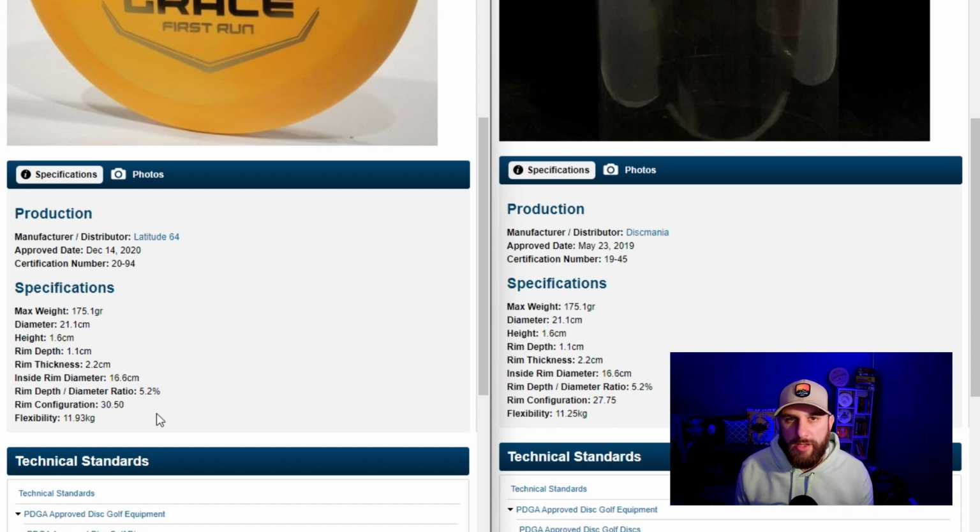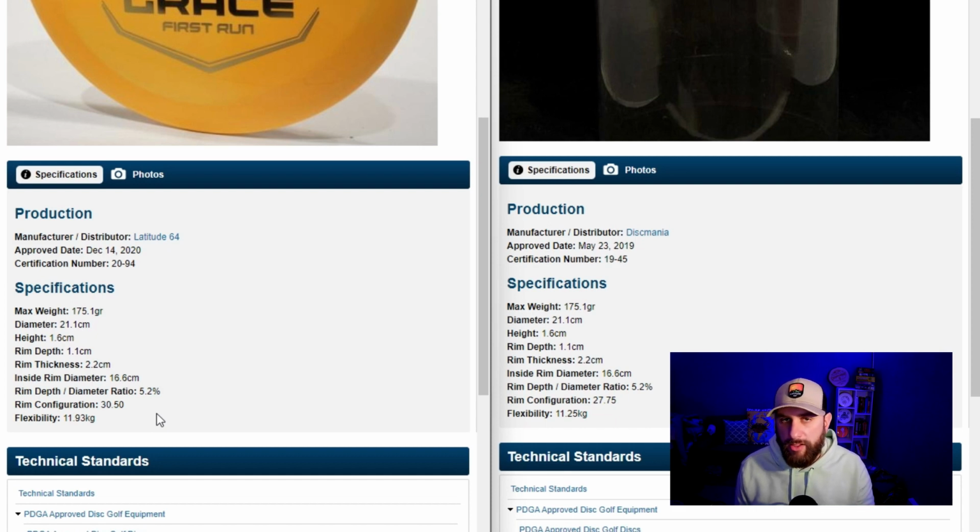The thing about the Enigma that makes it fly differently, and this is not important, but I want to explain why a small change makes a big difference, is that the Enigma is faster out of the hand, absolutely, which means that it wants to do what the turn of the disc is a lot earlier because it's going faster. So in my opinion, the Enigma likes to turn a little bit more than the Grace, which means that it's not as forgiving of a throw.